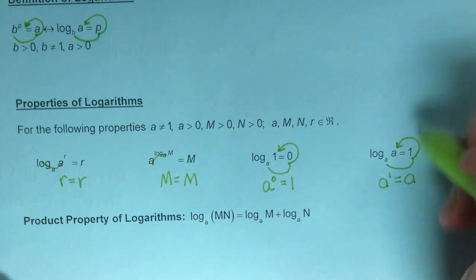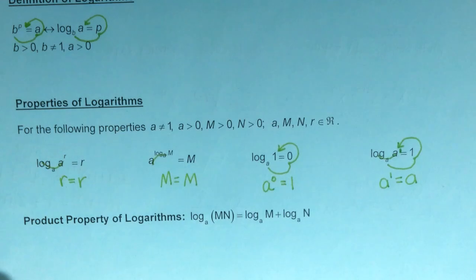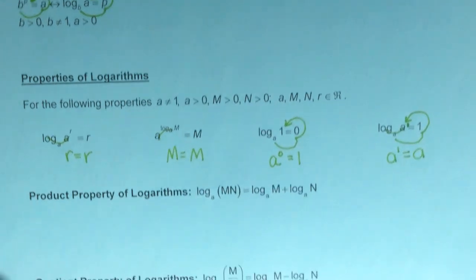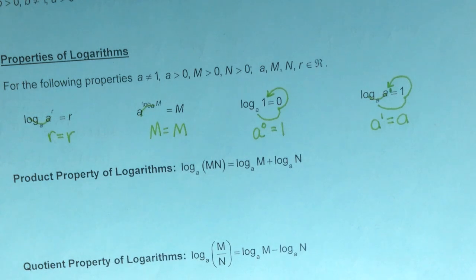Or, couldn't I put an exponent of 1 right here? Don't those cancel? What are you left with? 1. So you could also say 1 equals 1. Okay? Yeah, you can do either one. 1 equals 1 or A to the 1 equals A.